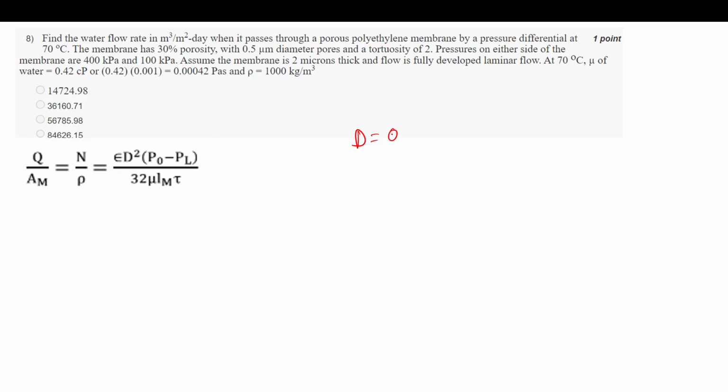So D here is given as 0.5 micrometer. Tortuosity tau is 2. Porosity epsilon is 0.3, and P naught, the pressure on the feed side, is 400 kilopascals.